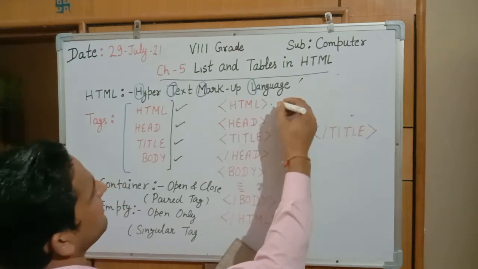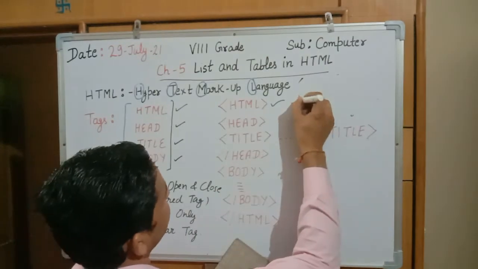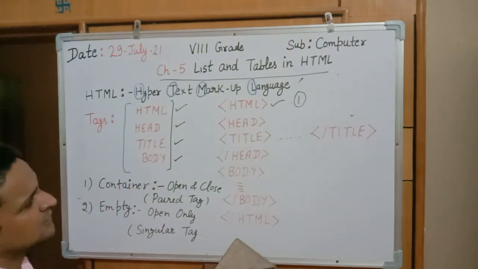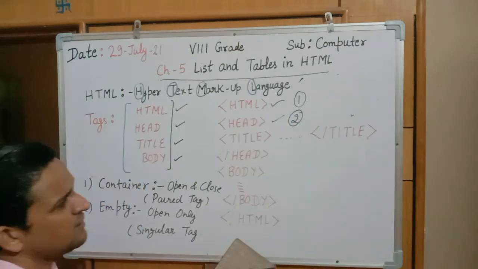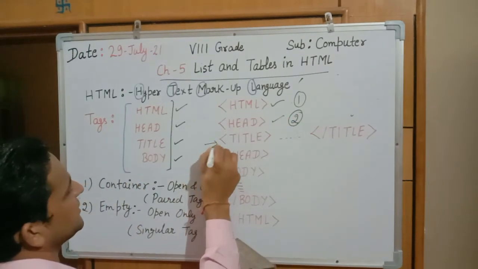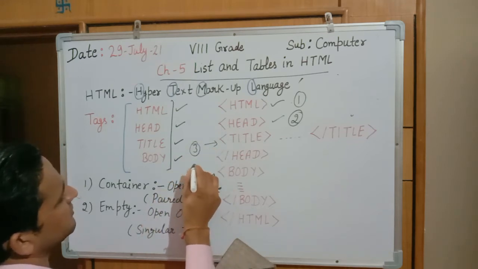We write HTML at the start, and it is a predefined structure that we cannot change. It is the first tag that is always written. Afterward head is there, then title, and the fourth tag is the body tag that we are using.